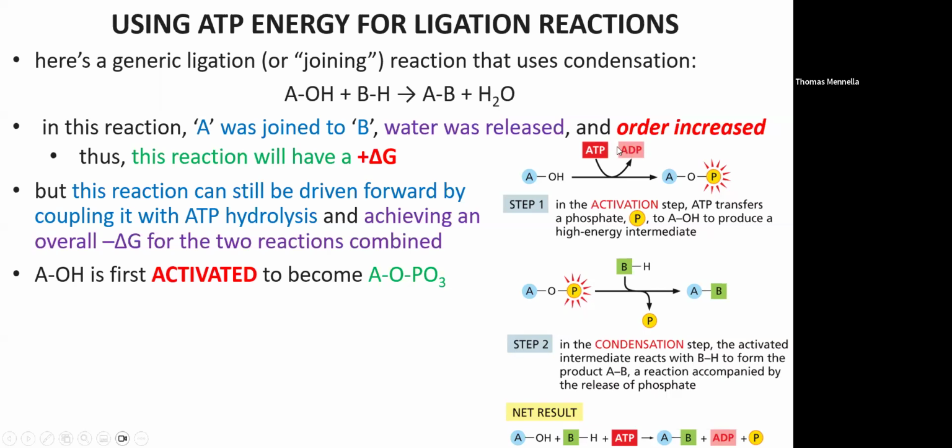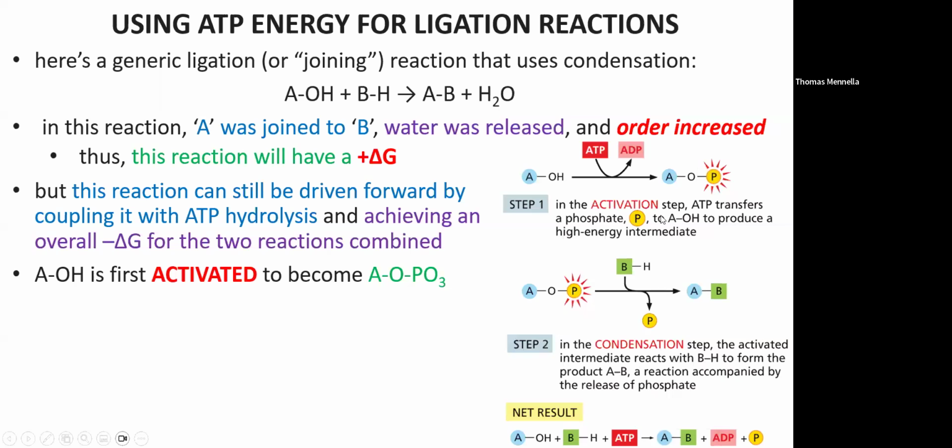A big negative delta G here. But we're going to take that third phosphate and physically attach it to A. That reaction has a positive delta G, but it will happen because the positive delta G of phosphorylating A is less than the negative delta G of breaking ATP. So we've got a little bit of extra negative delta G that we can give to the universe as heat.